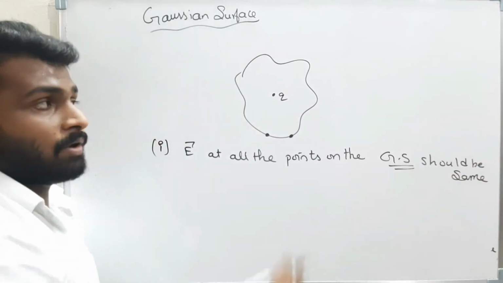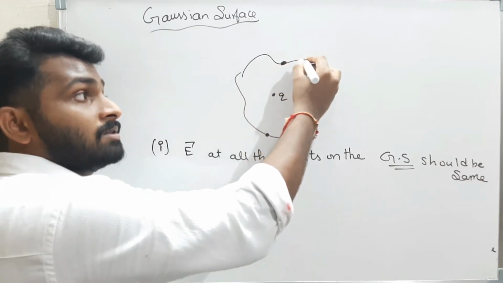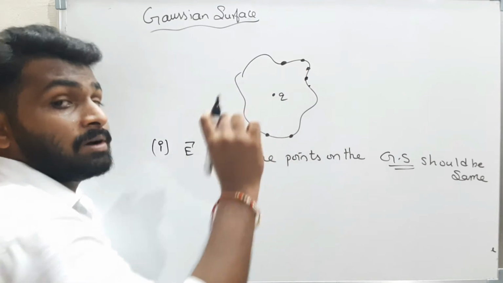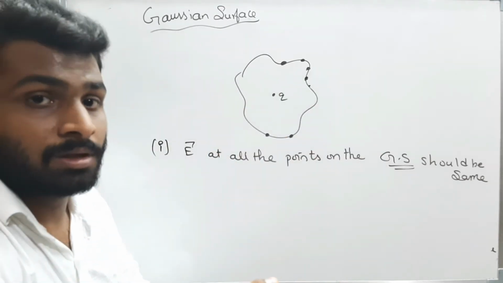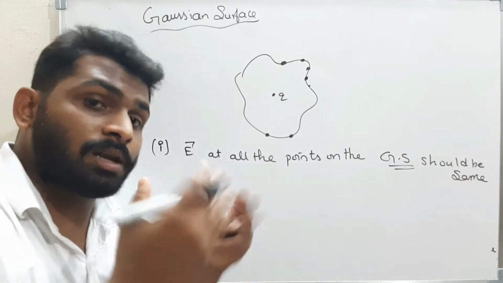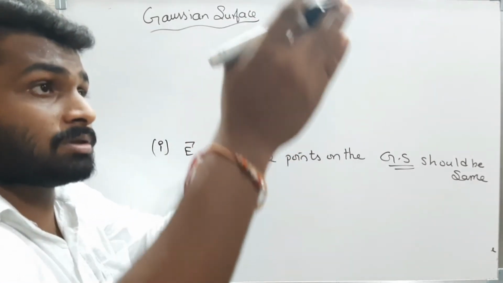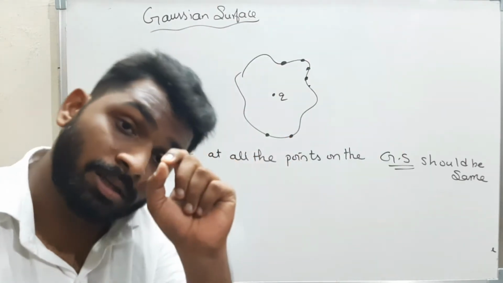That means if I assume a Gaussian surface, the electric field intensity at all these points must be the same. I should not assume the Gaussian surface randomly. I should assume it in such a way that at all the points on the surface, the electric field intensity must be the same.